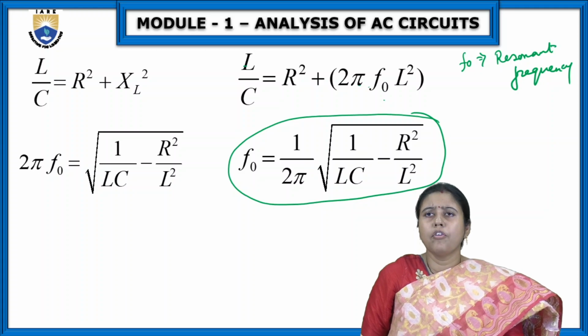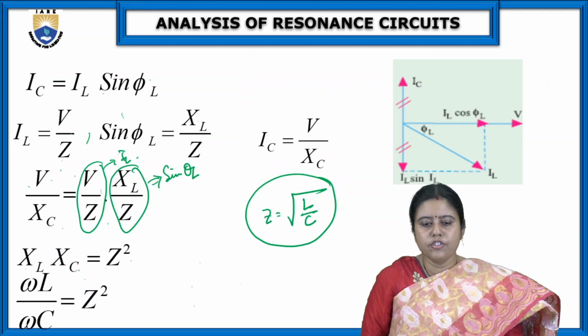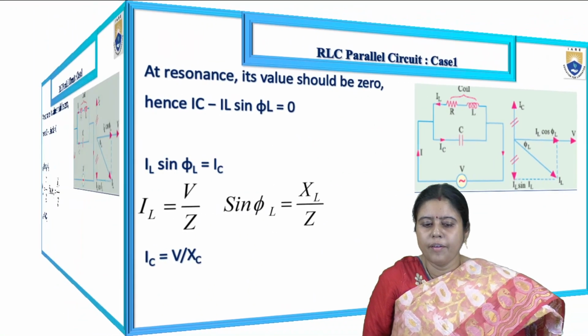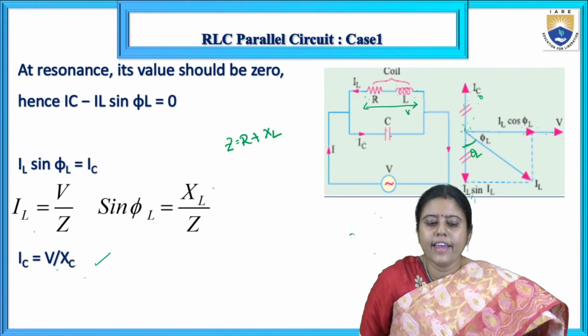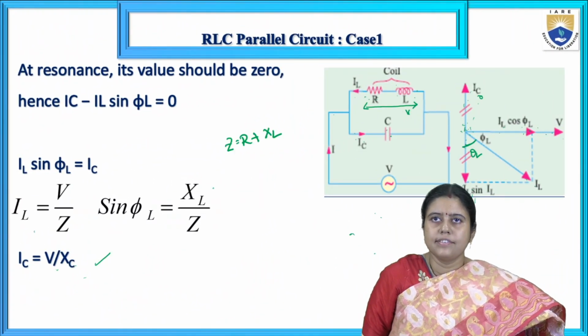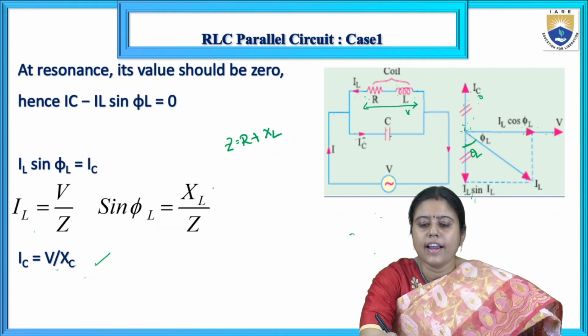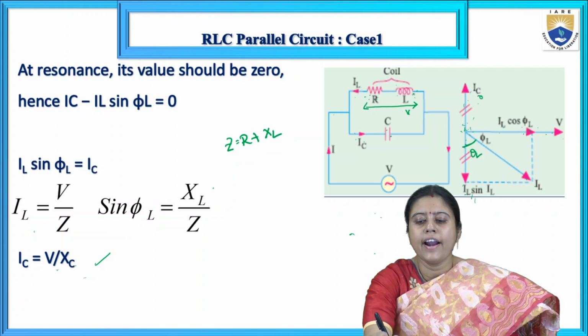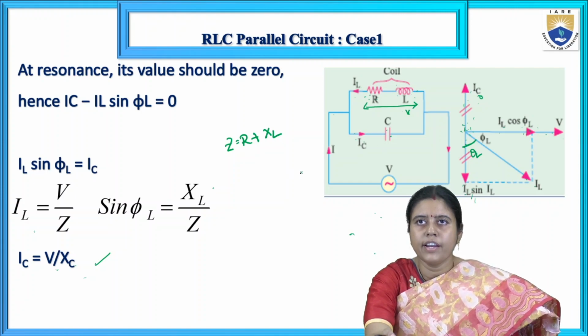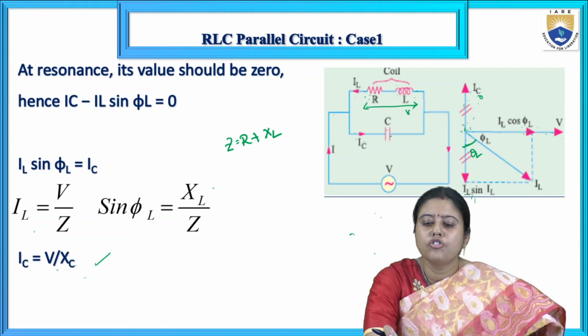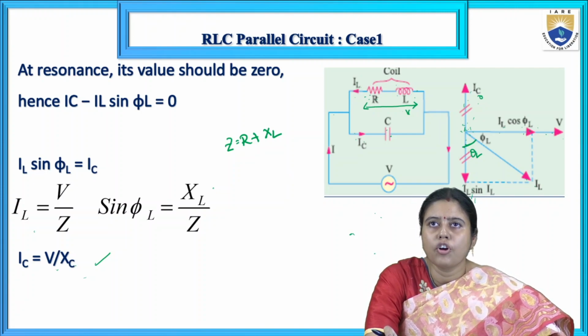So I will go for a quick recap of this topic, because this is very, very important. We are taking one basic RLC circuit where there is an IC and an IL, and R and L are in a parallel circuit. So first we have to draw the circuit.